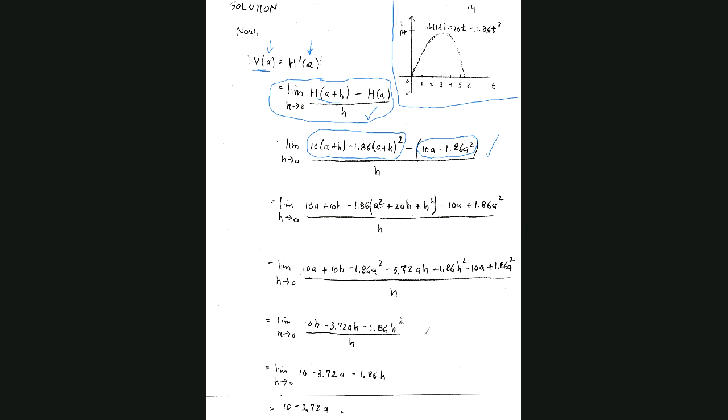And then, of course, the next thing I have to do is write out what a plus h quantity squared is. That's going to be a squared plus 2ah plus h squared, because that's a plus h times a plus h.